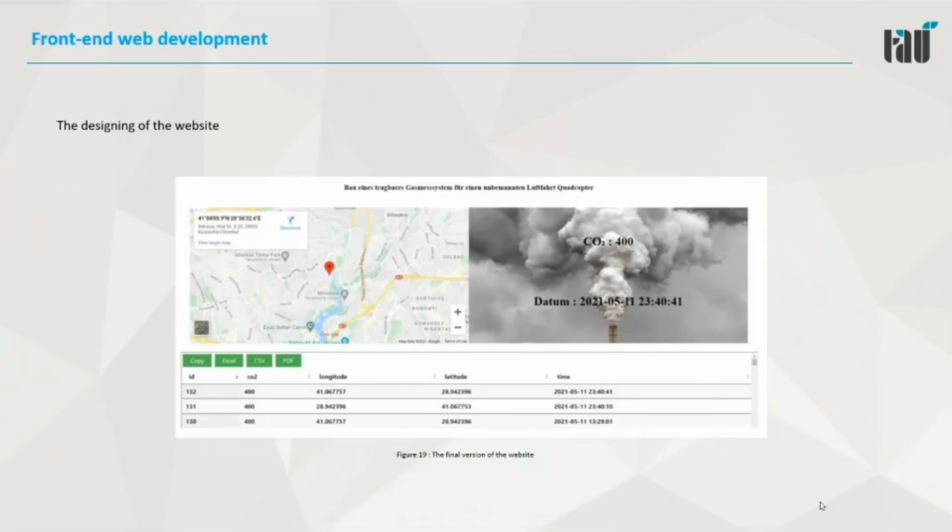With front-end web development, a graphical user interface was designed that has a section showing the position on a Google map by using an iframe, live data for carbon dioxide, and the time. In addition, another section was created for the table to display all the data, and the table can be exported and saved.